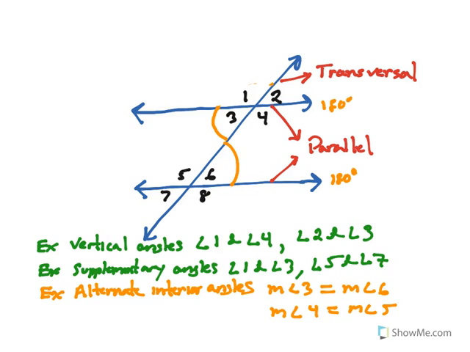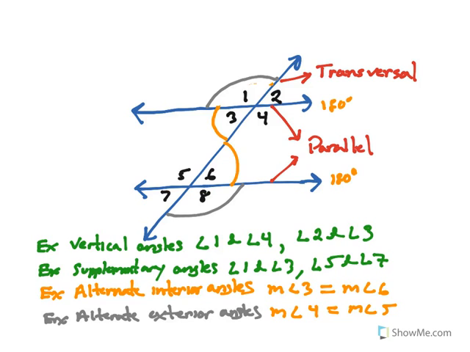Let's use gray actually. Then we have this angle, and then we have this angle, and those are called alternate exterior. Okay, alternate exterior. So examples of alternate exterior, okay, would be the measure of angle 1, and that's going to equal the measure of angle 8.